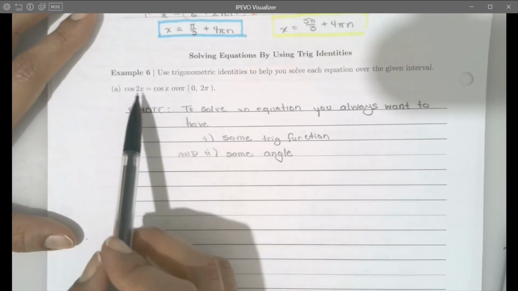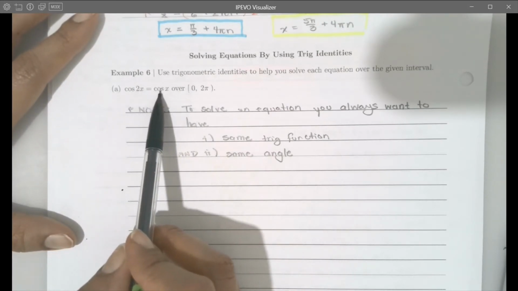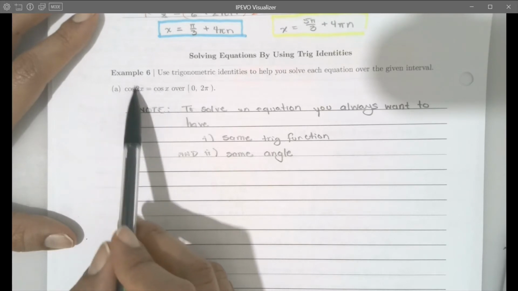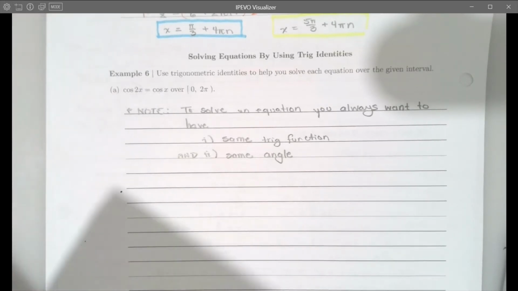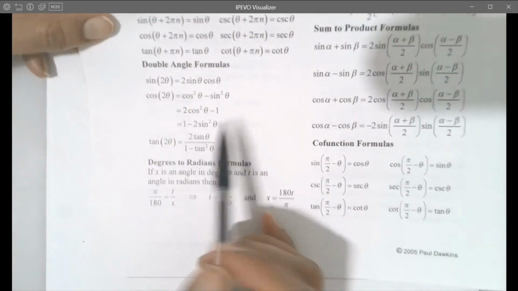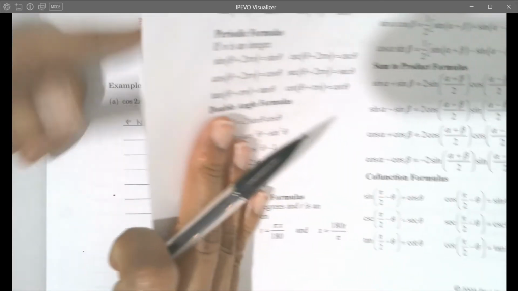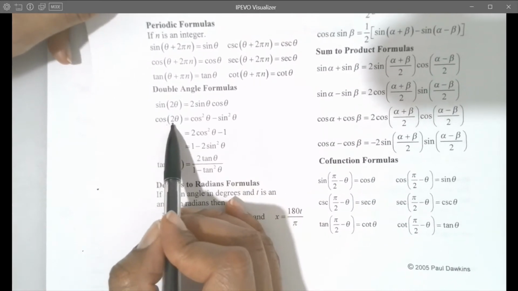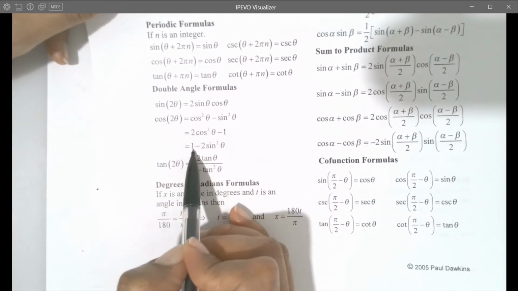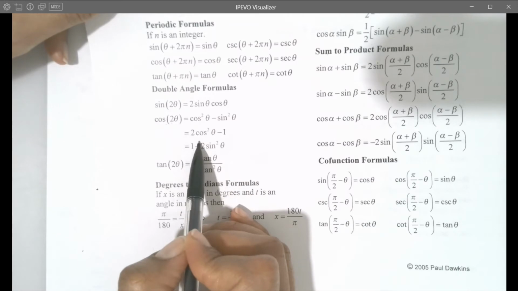So in this case, we have cosine 2x is equal to cosine x. The cosine 2x, we can take a look at maybe a double angle formula to see how we can relate it to something that involves just cosine x. So cosine of 2 theta has three formulas that are possible for it.